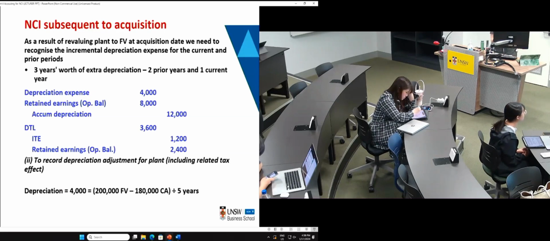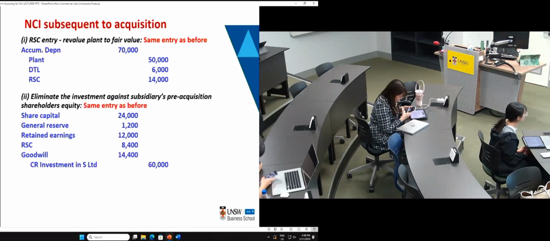And therefore, these two-line adjustments, debit retained earnings 8,000, credit retained earnings 2,400, effectively reduce the opening retained earnings of the subsidiary by 5,600. Okay. All right. So this is your depreciation and ITE adjustment in relation to these assets.